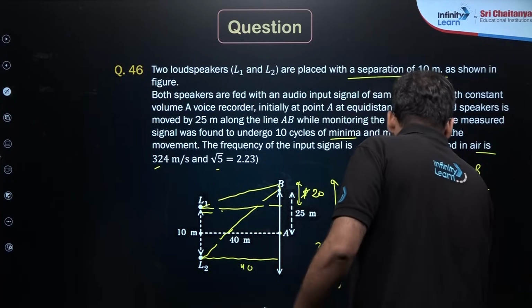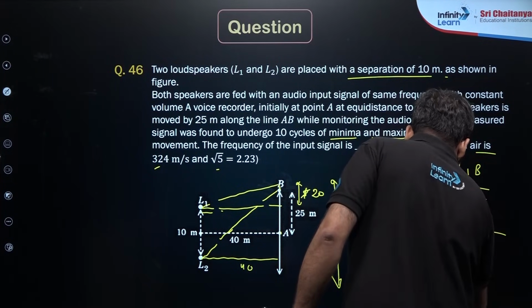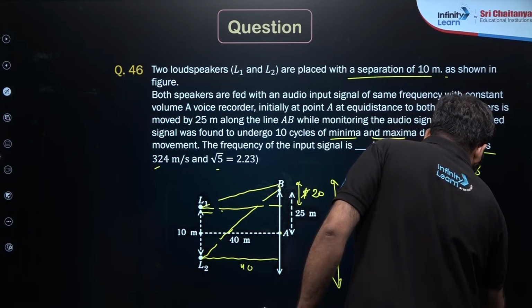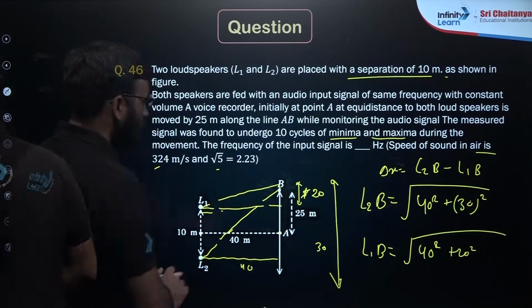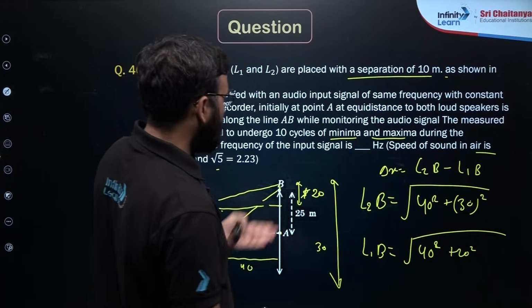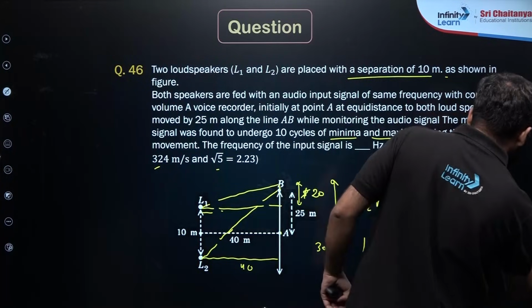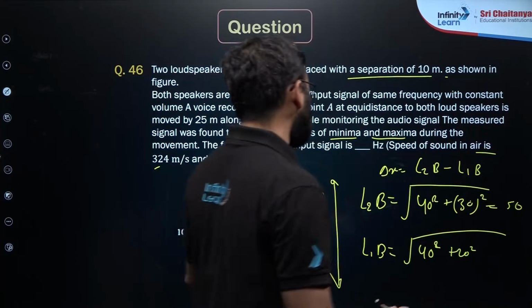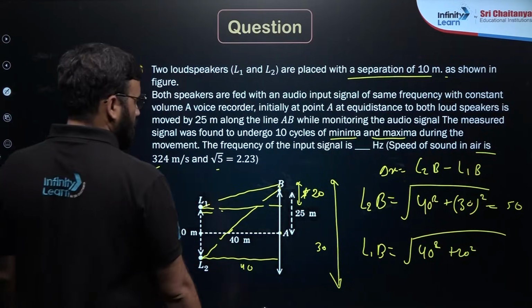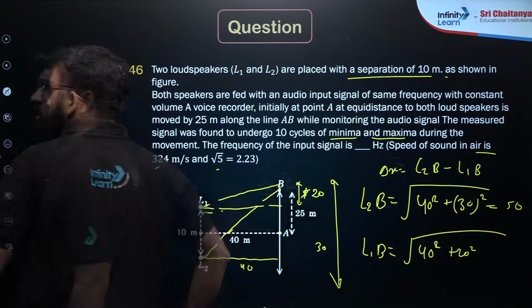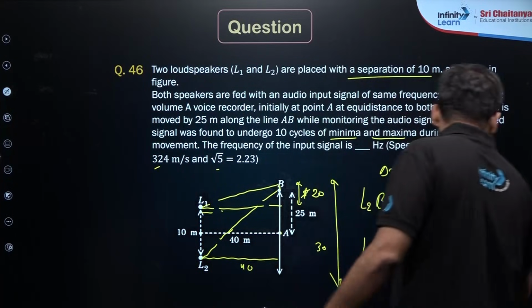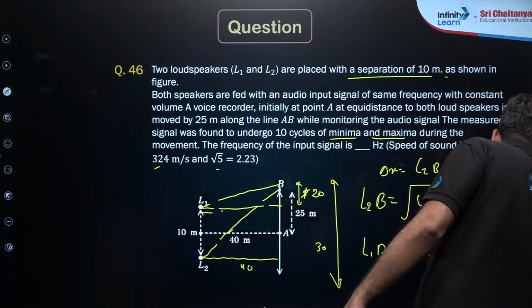Doing this calculation, you get 1600 plus 900, that is 50, and 40 square plus 20 square, 1600 and 400, 2000. So this value is approximately 20 root 5.